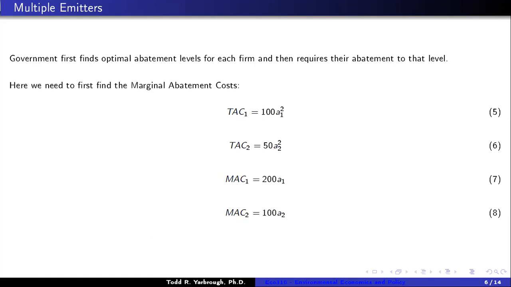But we can answer that question. Here, once again, we have the total abatement cost functions. We're going to use these to compute marginal abatement costs for the two firms. We can see marginal abatement cost for firm one is 200A1, and the marginal abatement cost for firm two is 100A2.